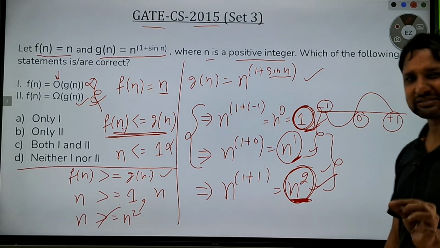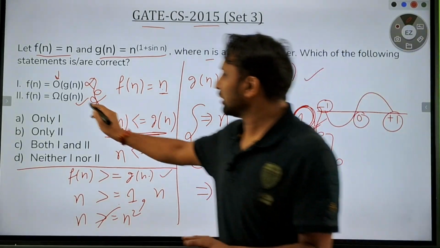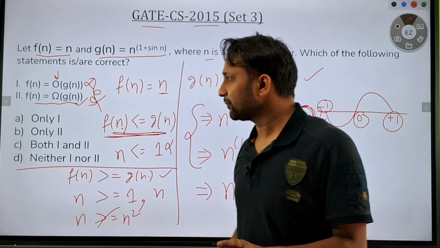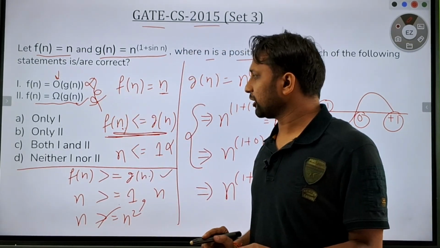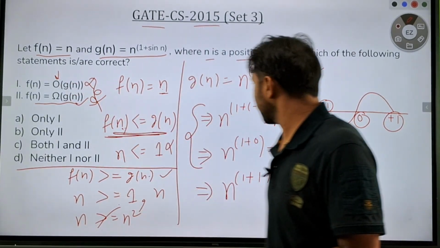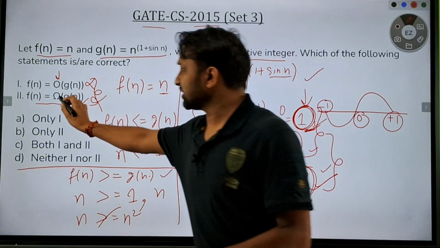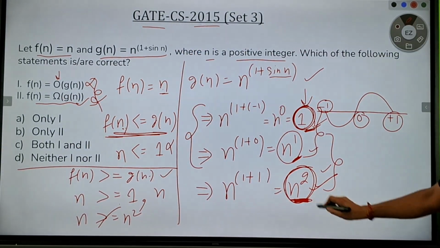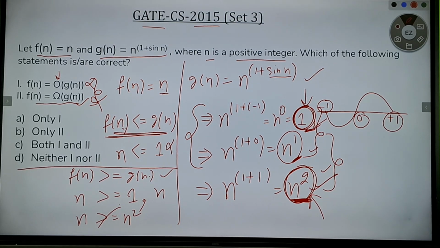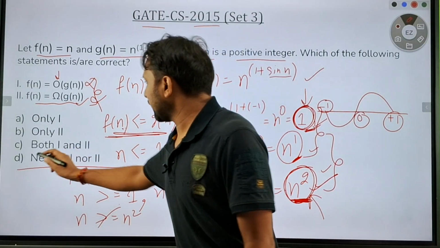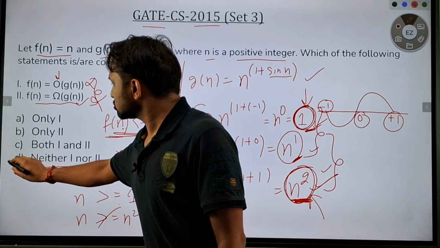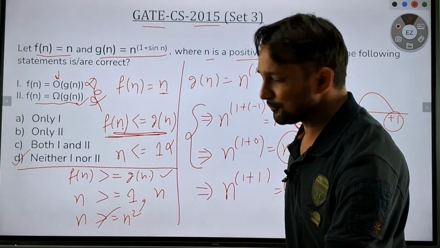Even one single condition failing means you cannot represent it with that notation. So both conditions are false over here. The first is false because g(n) can be 1. The second is false because g(n) can be n^2 also. So neither 1 nor 2 is correct, and D must be the right answer. Let me check.